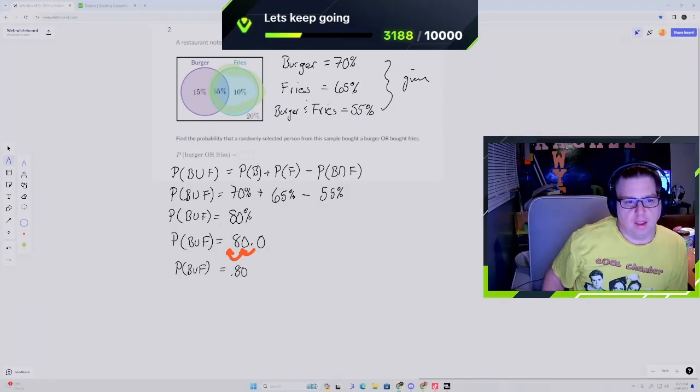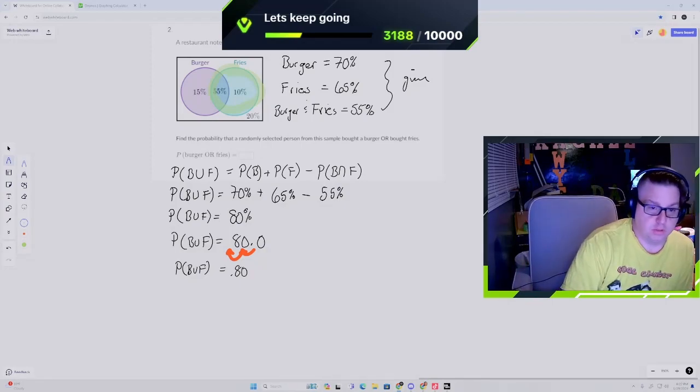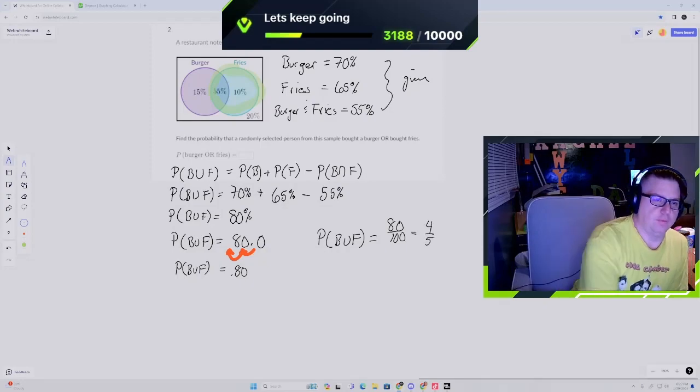Okay? And then for our fraction, percentage is always measured out of 100. So we're going to get 80 over 100, which you could cross out the zeros, and you're left with 8 over 10, which simplifies to 4 over 5.